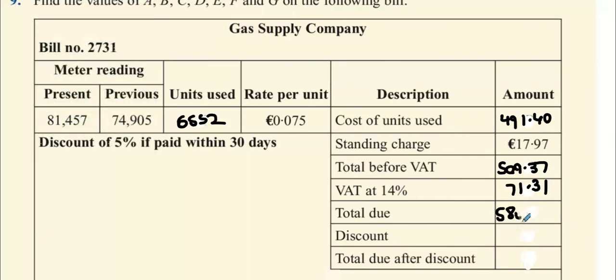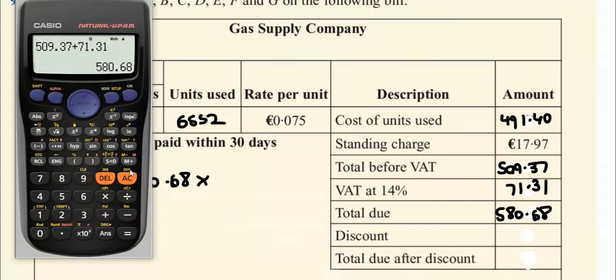580.68. Now apparently I get a discount. Where is my discount? Discount of 5%. So €580 and 68 cents, I'm going to multiply that by 5%. And we get 29.03.